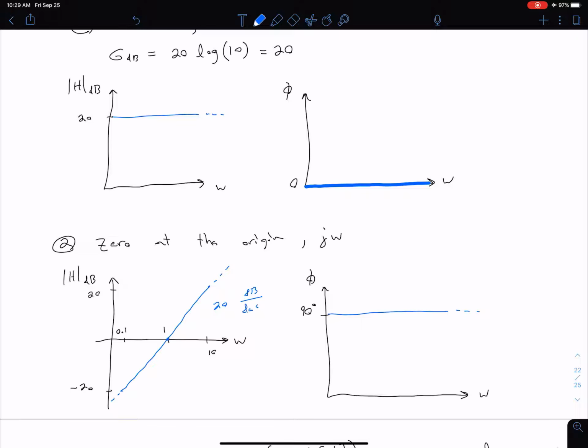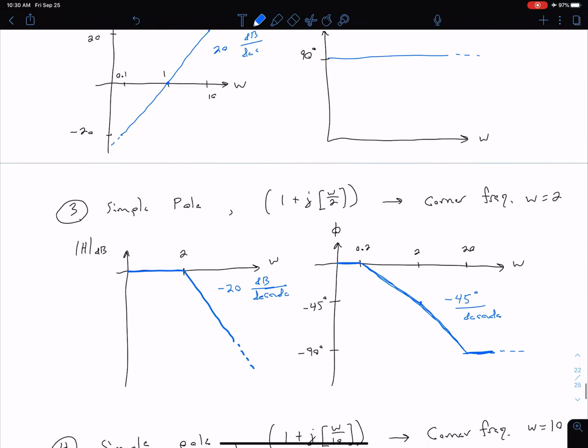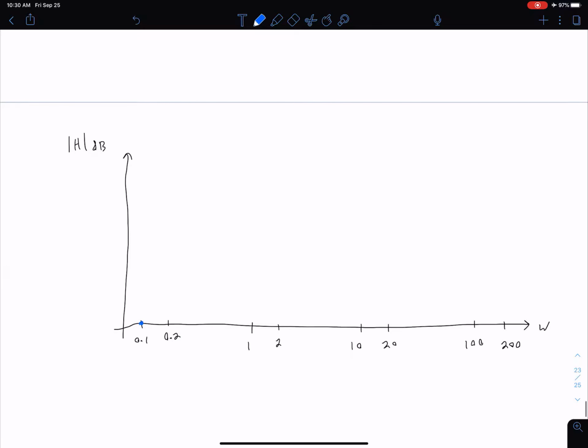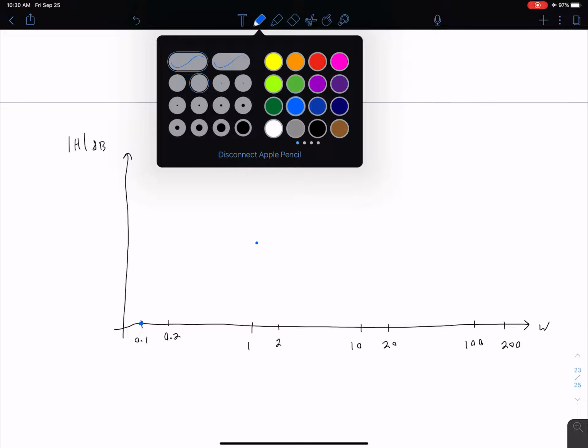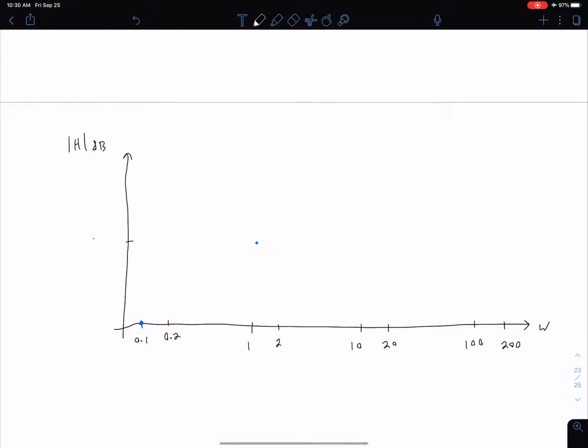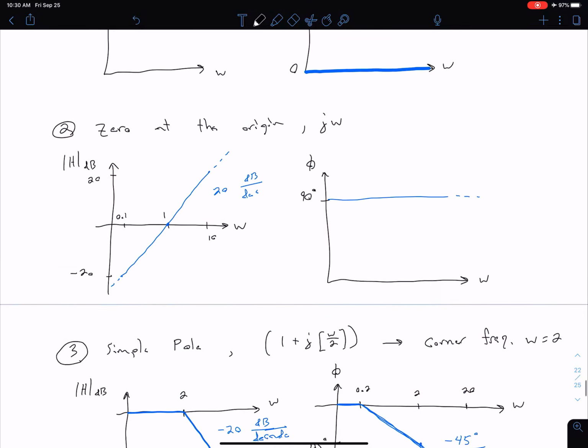So at 1, we're at 20 from our constant plus 0, so we're going to be at 20 when we reach 1. So by the time we get over here to 1, we're going to be at 20. So let's say this point is 20.